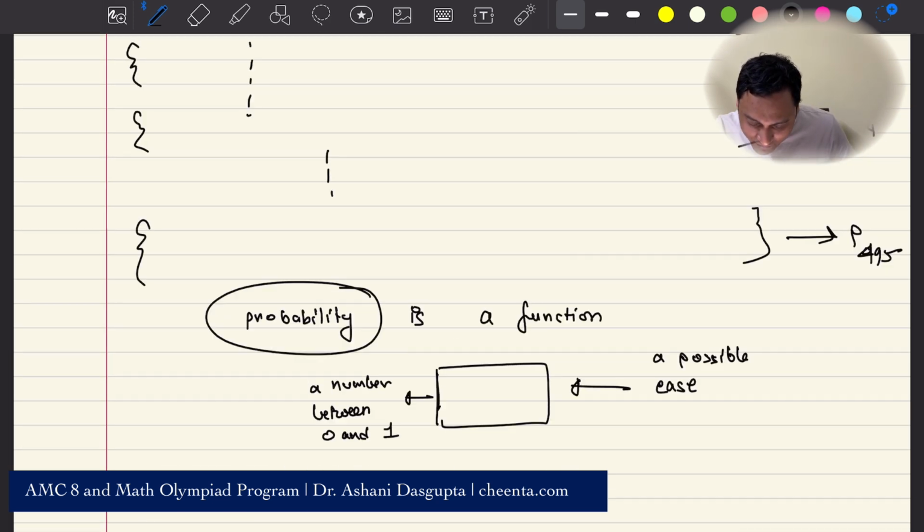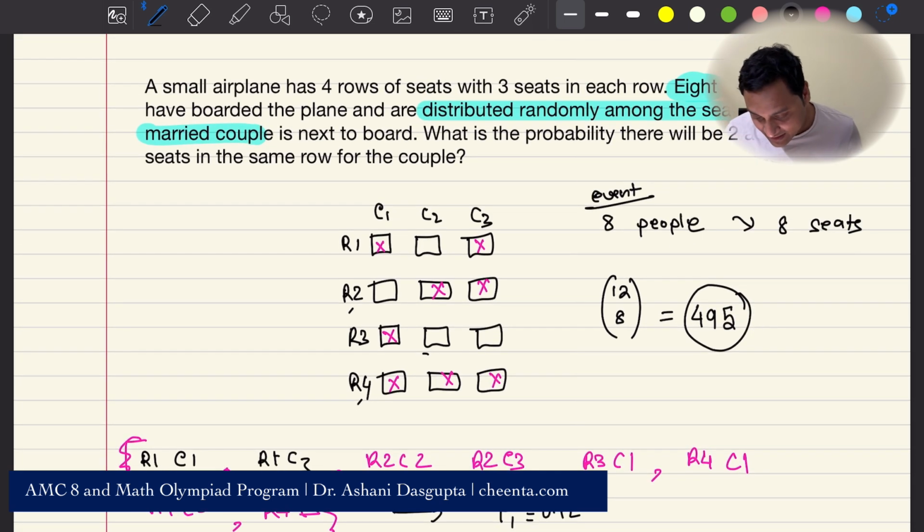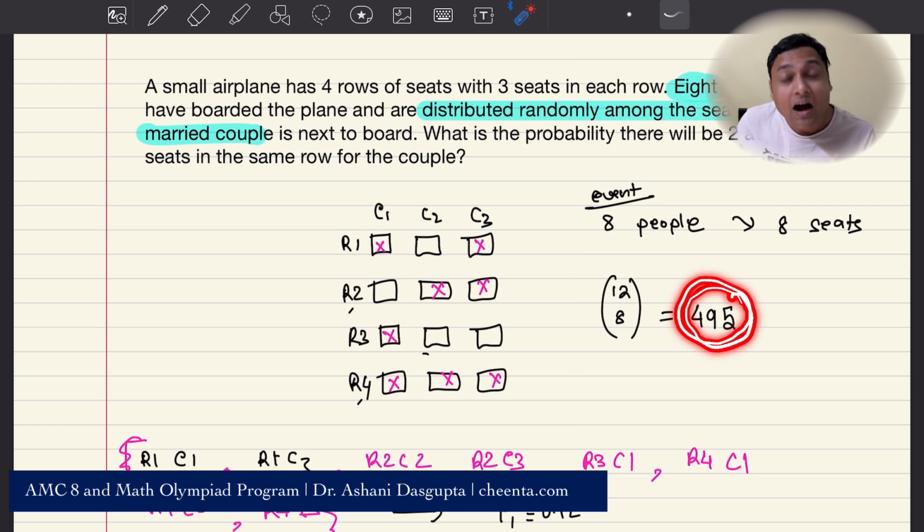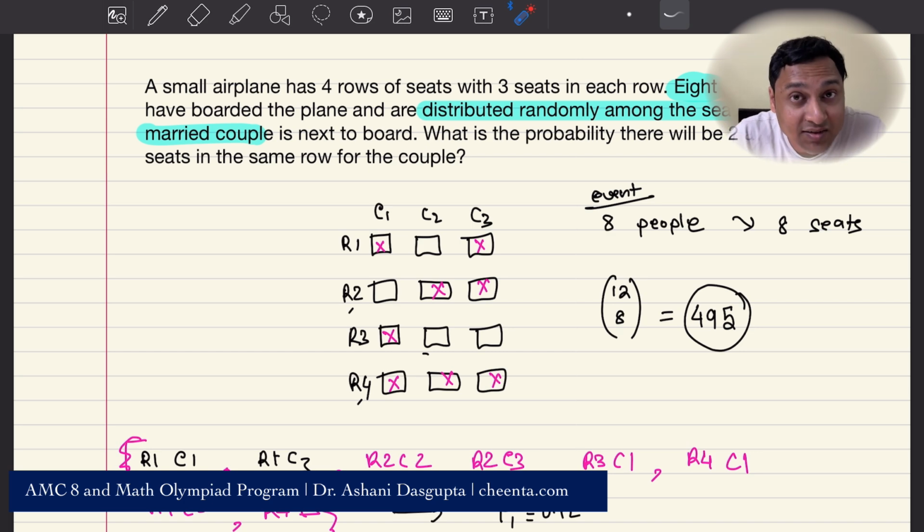All right. So now that we have a clear understanding of this part, which is very important conceptually speaking, we want to know, out of these 495 cases, in how many cases the married couple will be able to sit in the 2 adjacent seats.